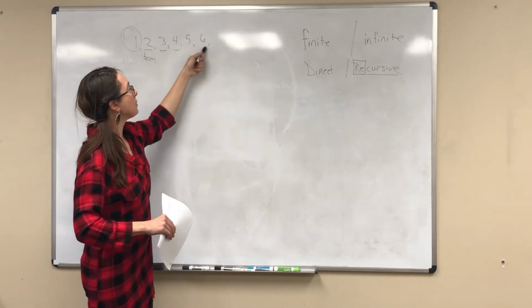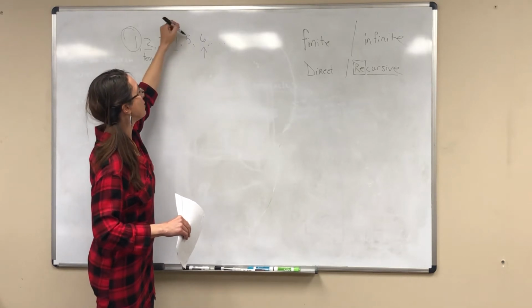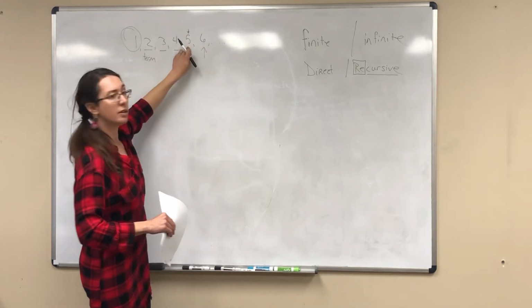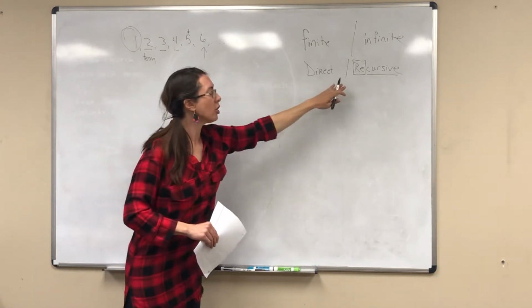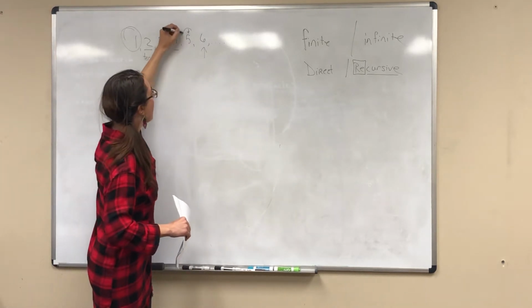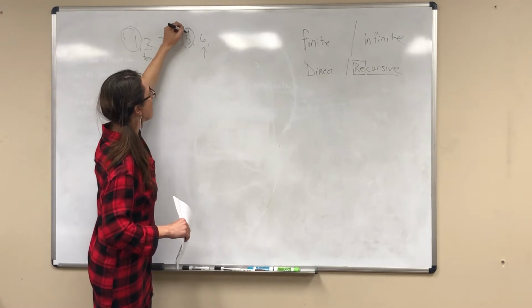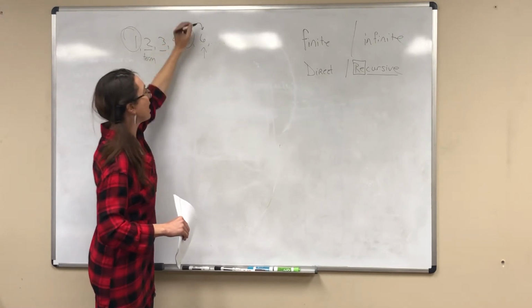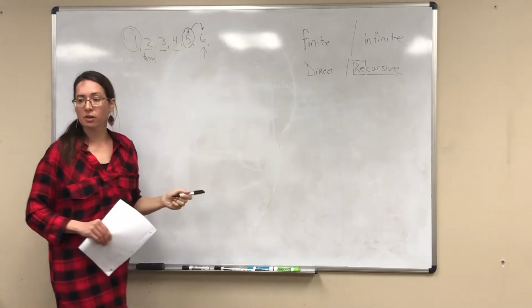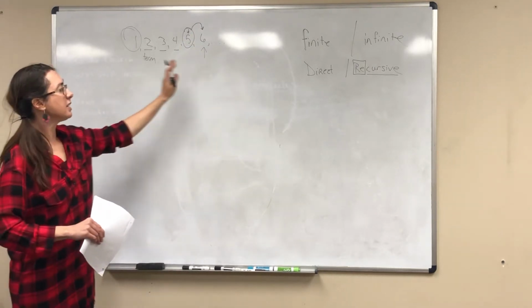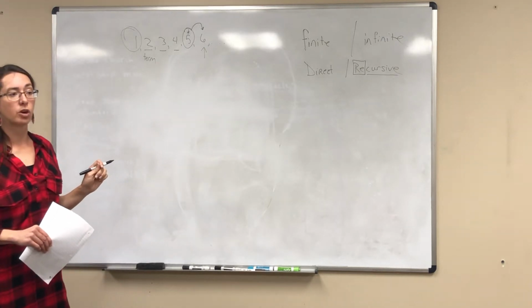So if I'm talking about this term, I have rewritten it based upon the term right before it. So in a recursive formula, I have to know the term before so that I can rewrite the next term. Okay? That's the difference between a direct and a recursive.